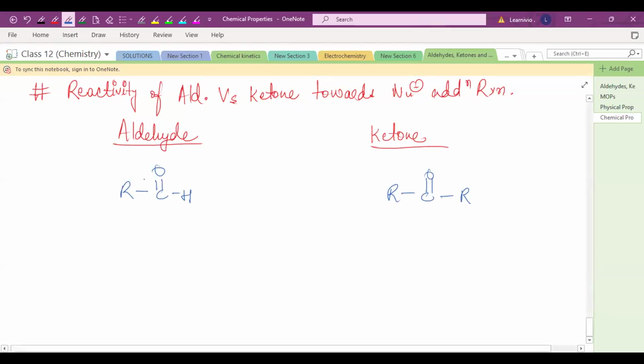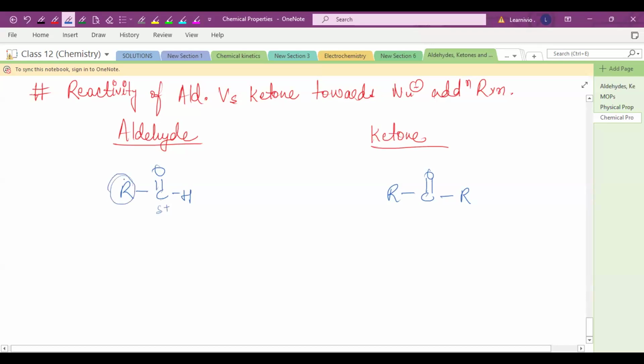Now see this, Jovita. This is aldehyde. Now, in this carbonyl compound, between this carbon and oxygen bond, this oxygen is more electronegative, so it will acquire a partial negative charge, and this carbon will get a partial positive charge. So here, only one alkyl group is present.